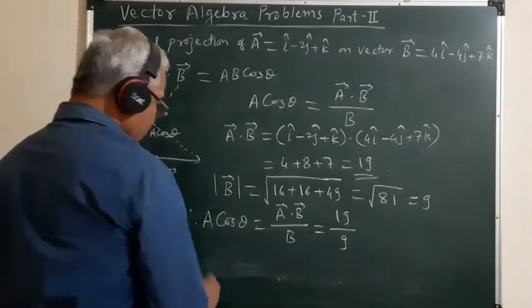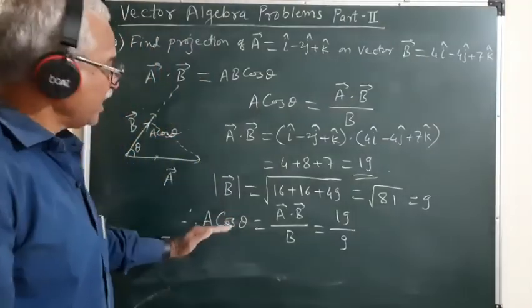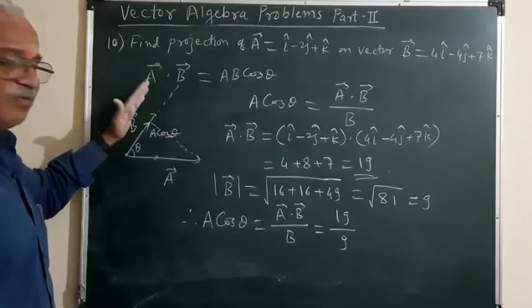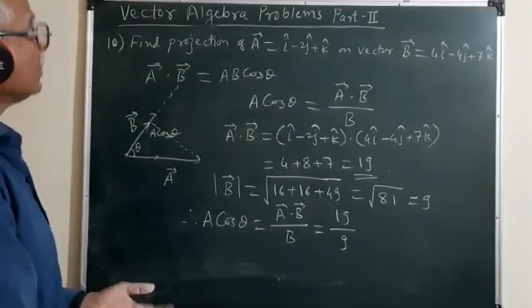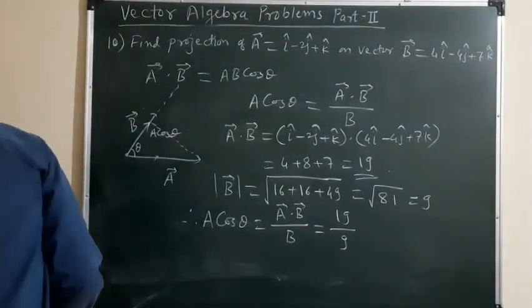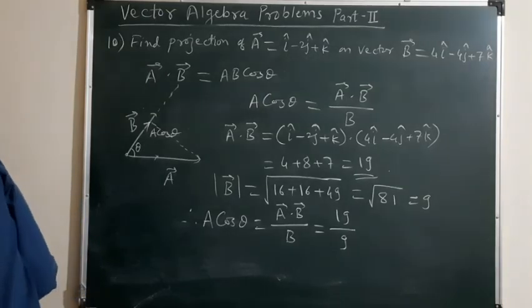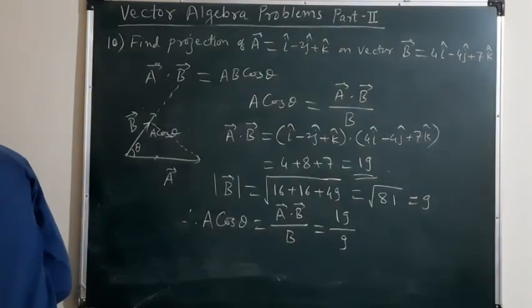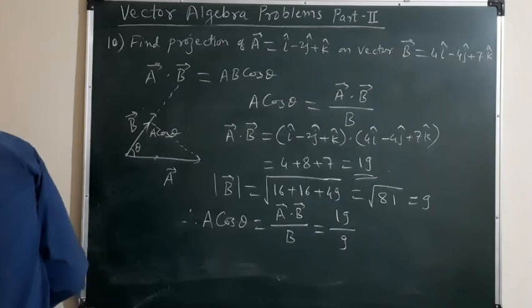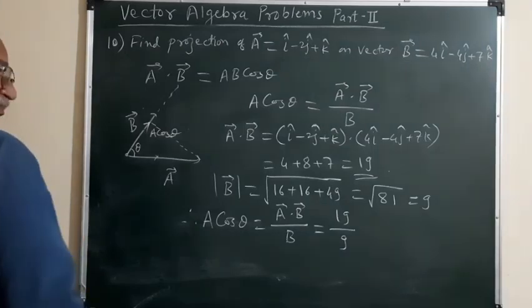So this gives the component of A bar in the direction of B bar. That is how we can find out the component or the projection of a given vector in the direction of another vector.